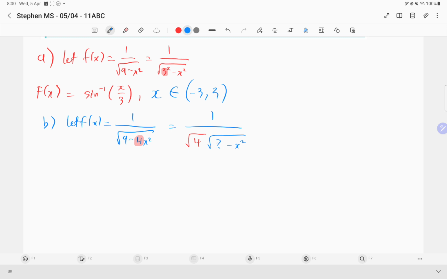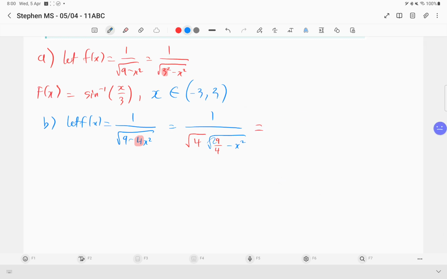If you take out 4, it's 9 over 4. The 4 cancels out. So if you take out 4 as a factor, you basically divide that number by 4.